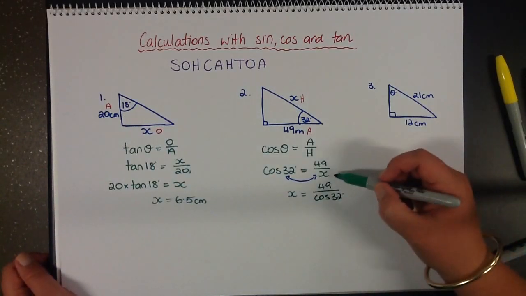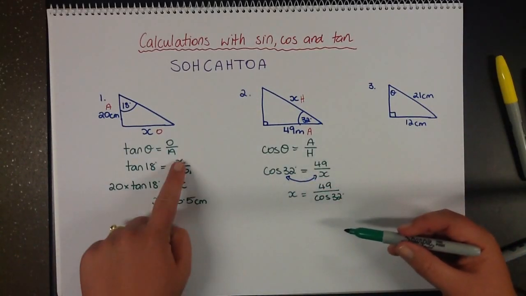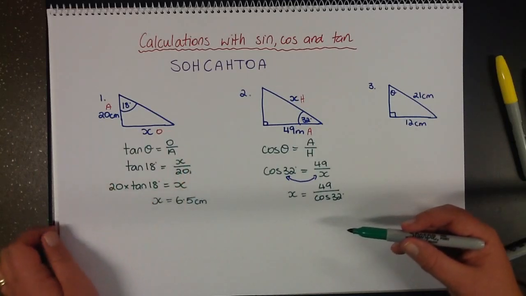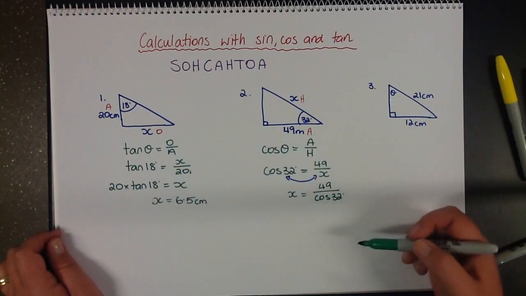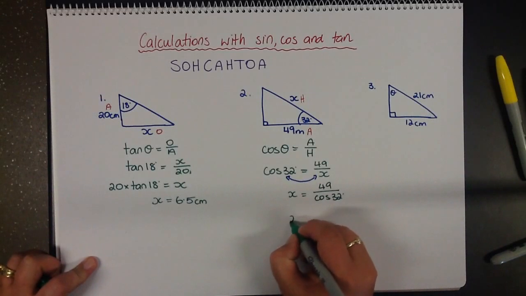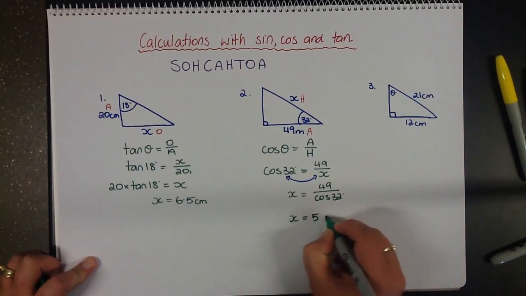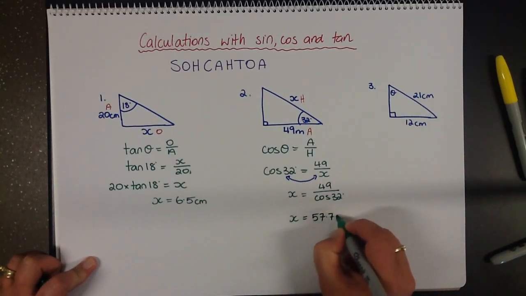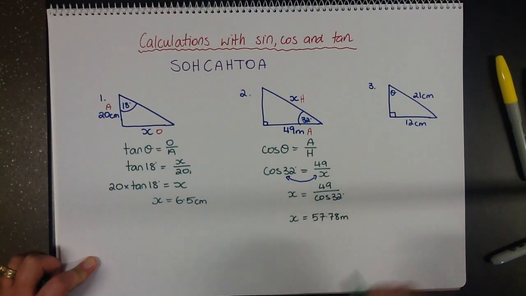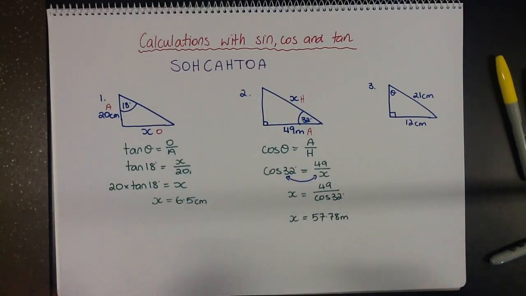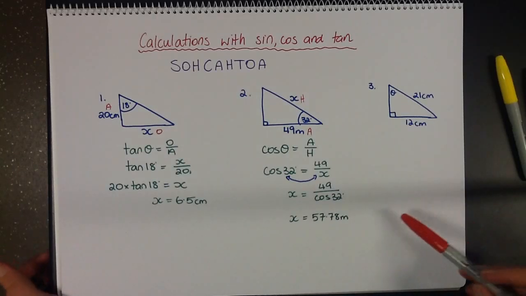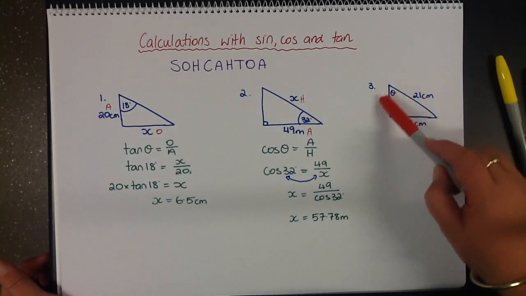So when the x is on the bottom, they swap places. When the x is on the top, you would take the 20 across and multiply. Again, put that in your calculator, and then we get 57.78 metres.